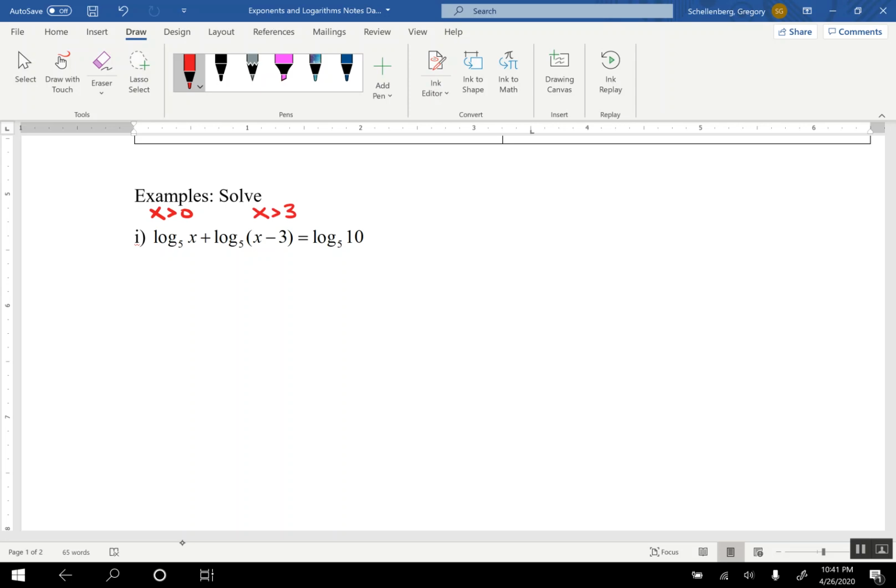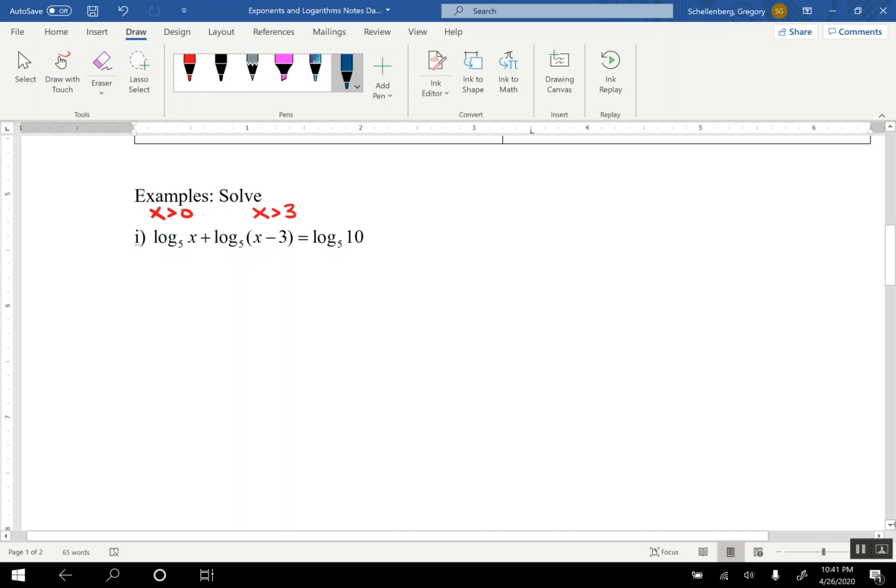So when we get to our solutions for x, we want to look at the solutions in relation to the domain. Do our solutions fit into the permissible values of x? Okay, so let's use our log laws to turn this into a type 1 equation.